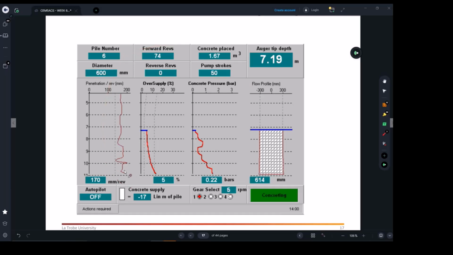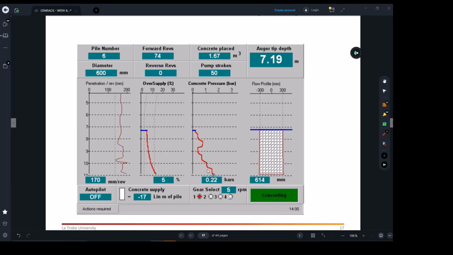They will tell you that you had continuously adequate pressure on the pumping unit, which will confirm there was no gap in the pile. This will also confirm the depth of the pile and the diameter of the pile. Here is the diameter. That's the pressure.